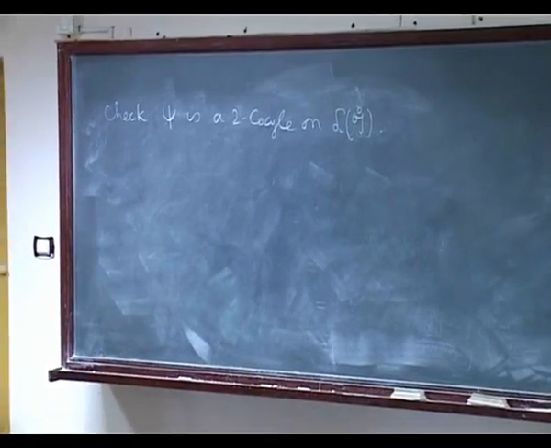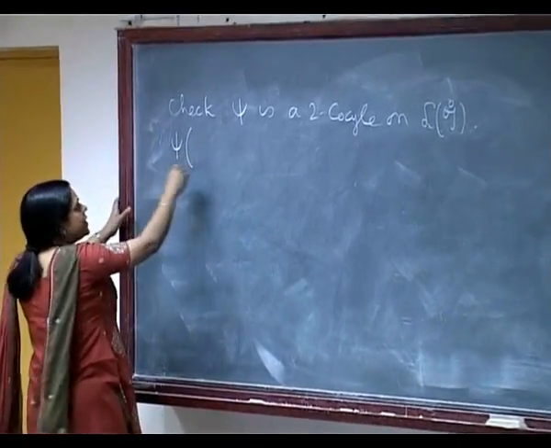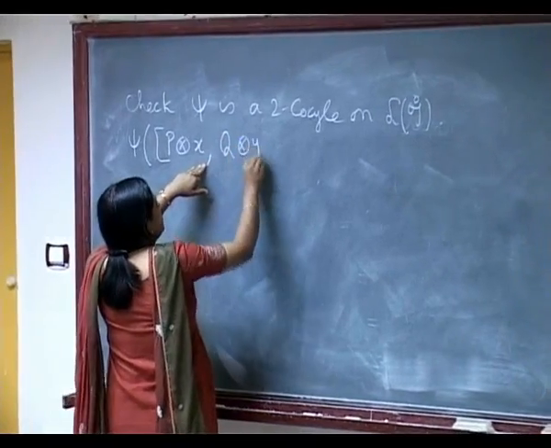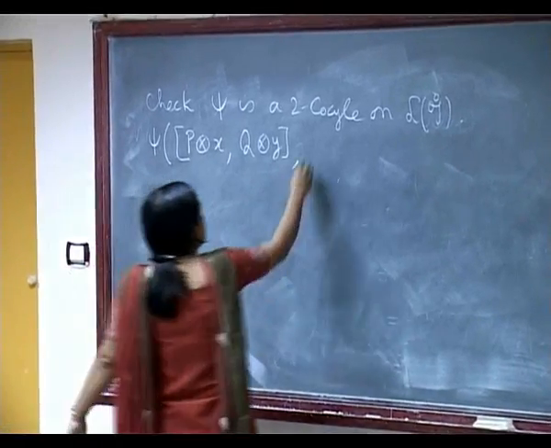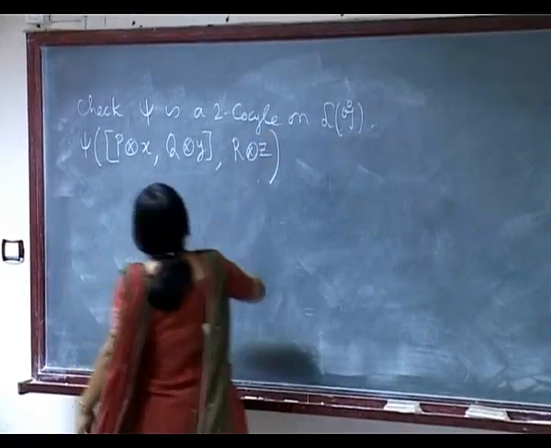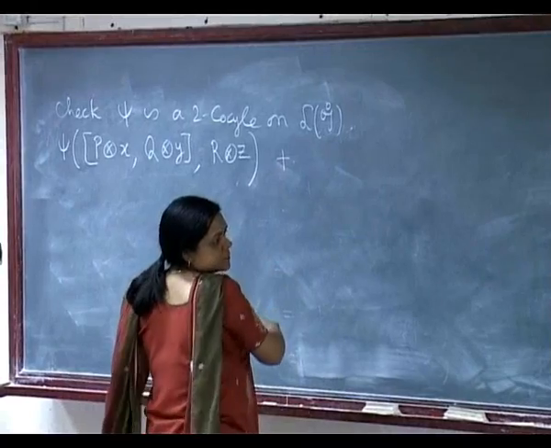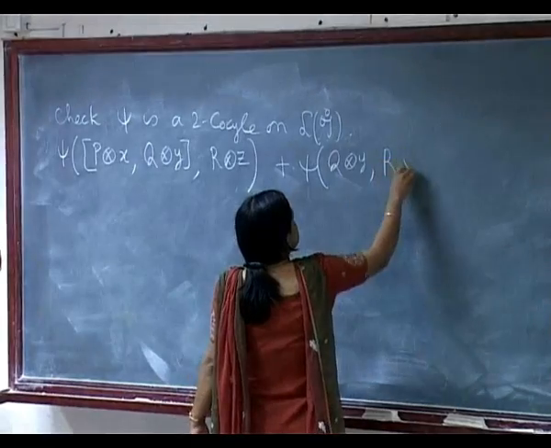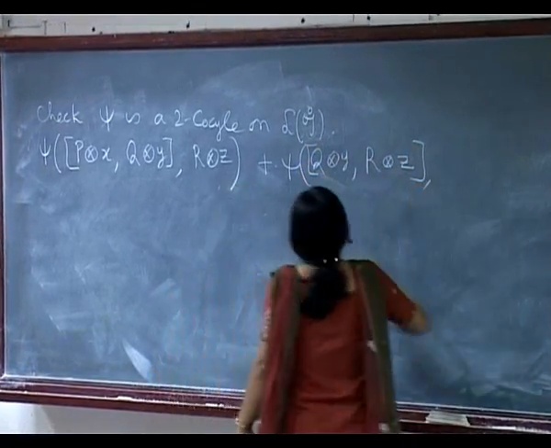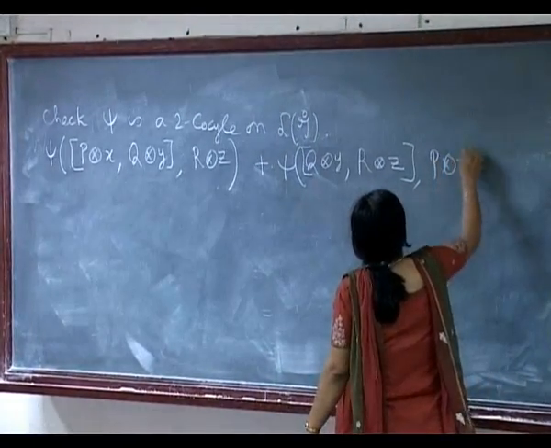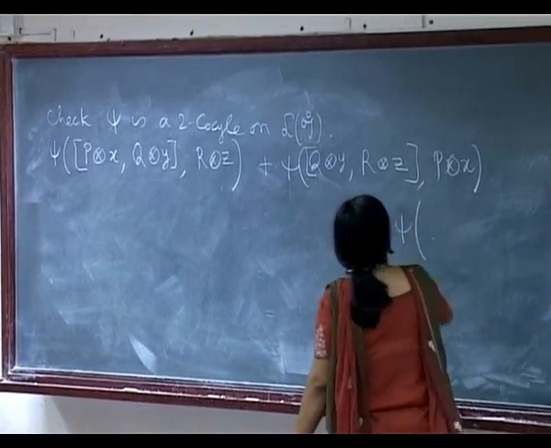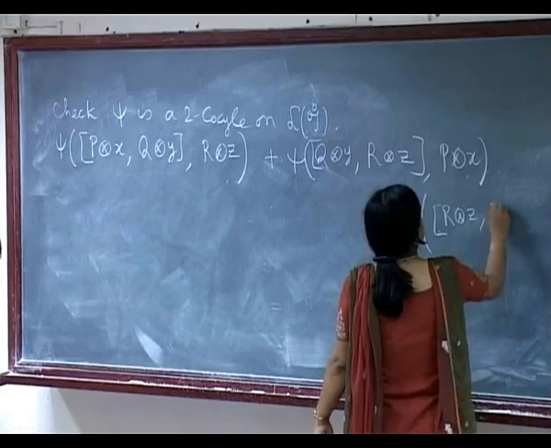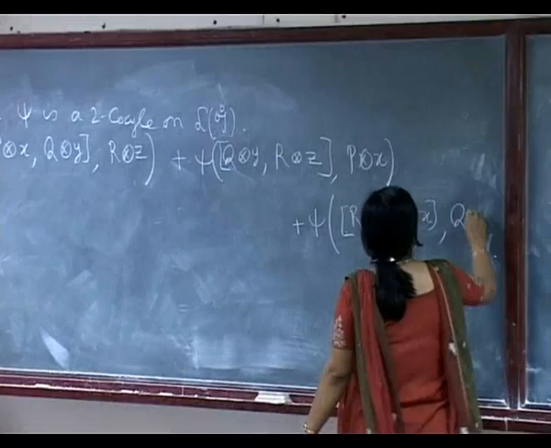So, how do we check that? We will consider psi of the bracket of P tensor x and Q tensor y with R tensor z, plus psi of the bracket of Q tensor y and R tensor z with P tensor x, plus psi of the bracket of these two with Q tensor y.